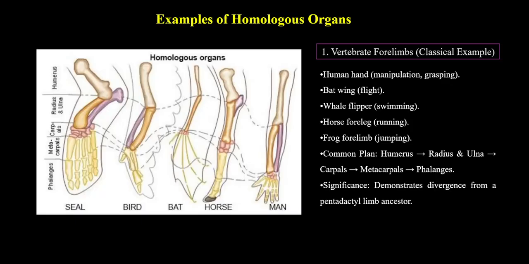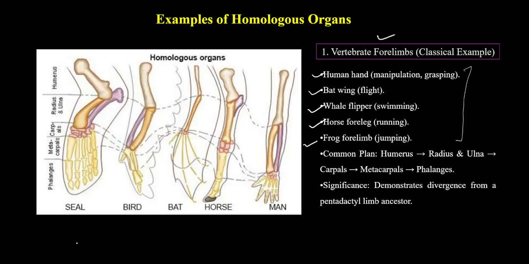Then the examples of homologous organs. The vertebrate forelimb is a classical example of homologous organs. The human hand, bat wing, whale flipper, horse foreleg, and frog forelimb are all in homology.